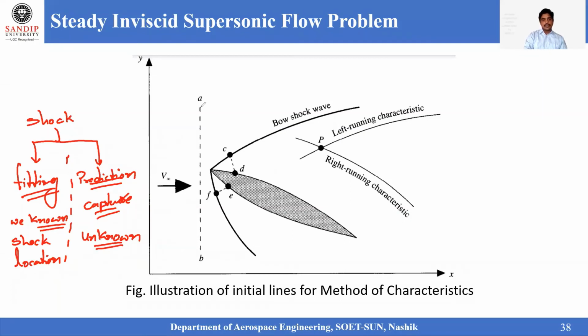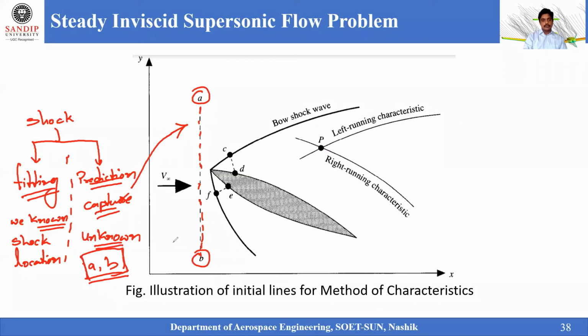So when I am approaching my initial points, if I have defined AB, that means I am not sure where exactly the shock will occur. So I am going with this AB in the shock capture. If A and B are given as my input conditions, that means I am going with a shock capture method, where the dotted line indicates that.